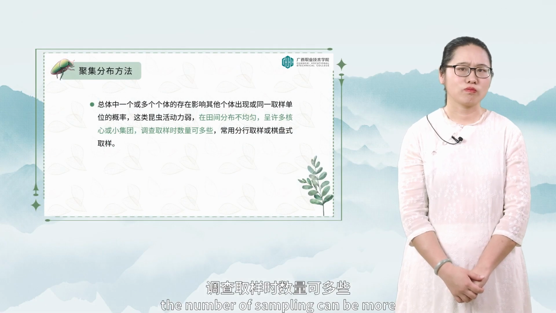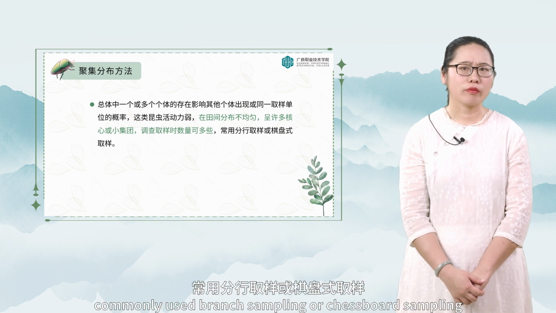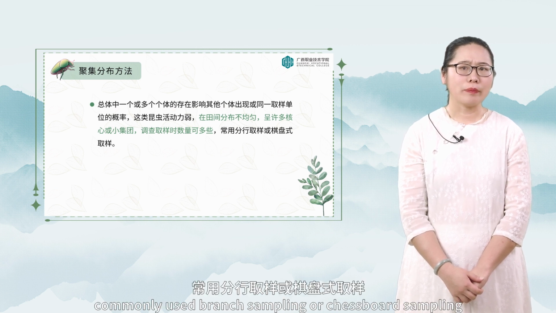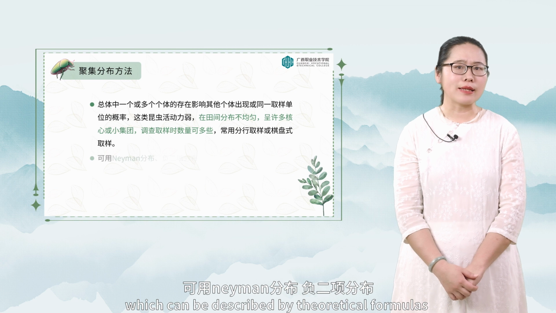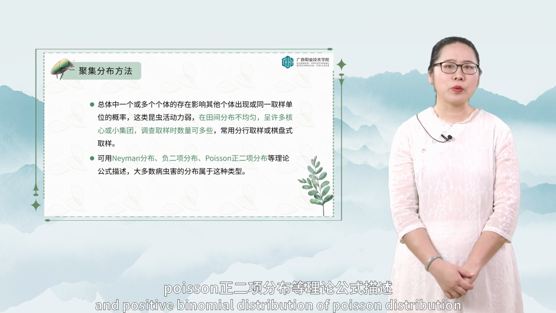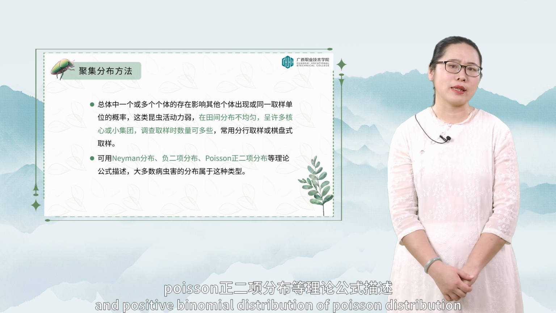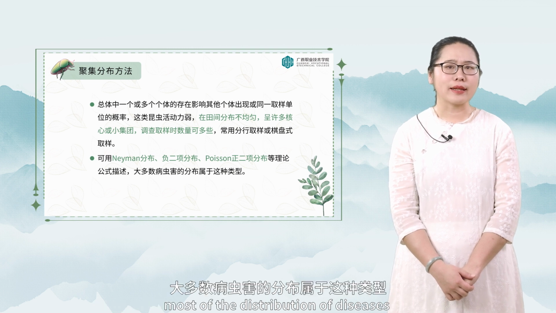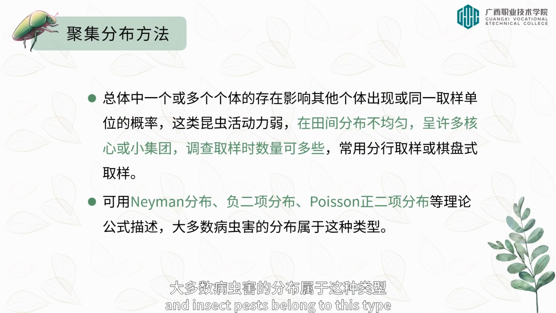The number of sampling can be more, commonly using branch sampling or chessboard sampling, which can be described by theoretical formulas such as negative binomial distribution, Neyman distribution, and Poisson distribution. Most of the distribution of diseases and insect pests belong to this type.